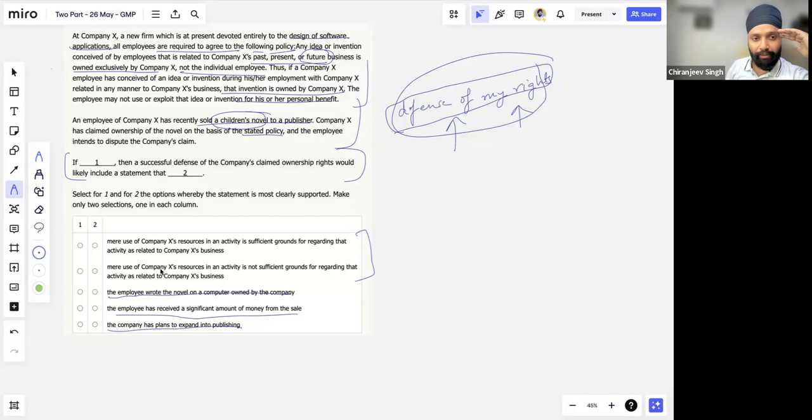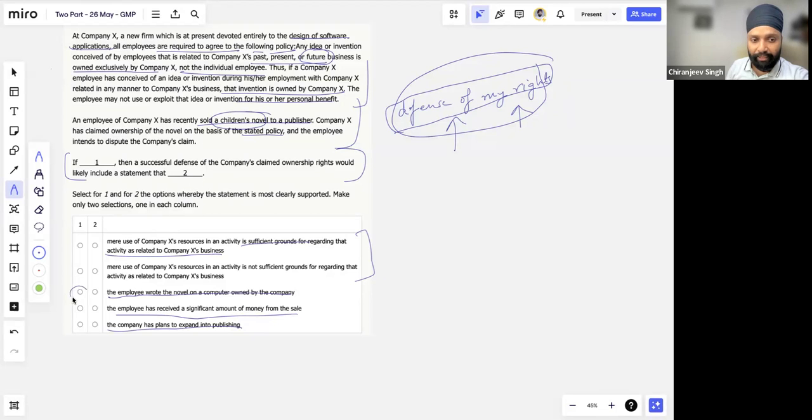Okay. So if the employee has used company's resources, and then if I also say that the mere use is sufficient grounds, not sufficient method, that will go against the company. But if I say the mere use of the resources is sufficient grounds for regarding that activity as related to company X's business, then given the policy, the company will own the ownership right of that.